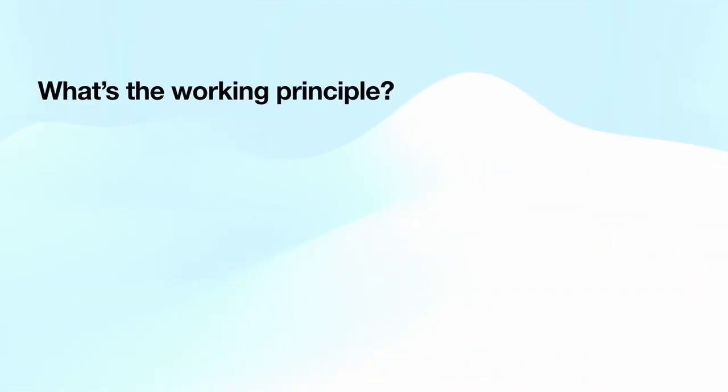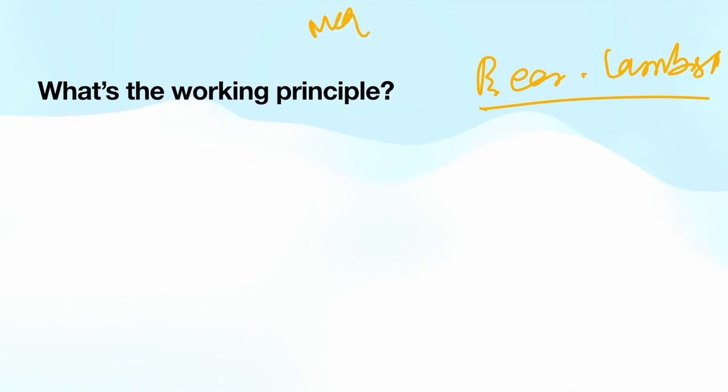So, what is the working principle? It is nothing but just the modification of Beer-Lambert's law. Important MCQ for NEET or NEET SS examinations, right? So, what does it say?